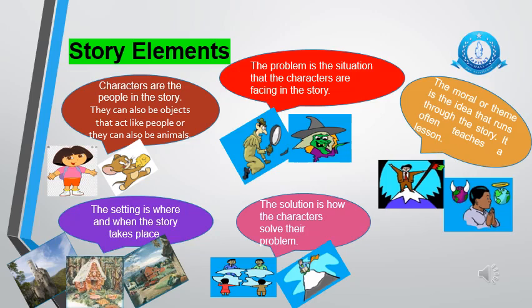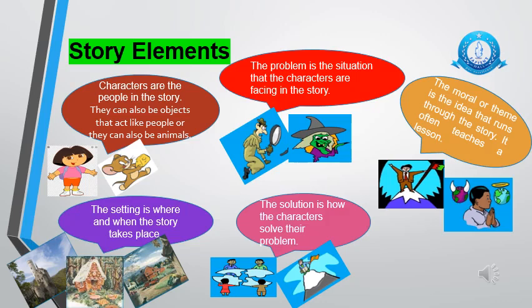Next is the problem. The problem of the story is a very important element. Without the problem, the story is not very interesting. The problem is basically the situation that the characters are facing. So the problem makes the story interesting.